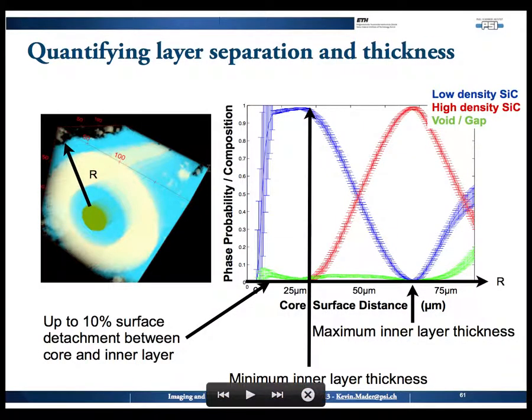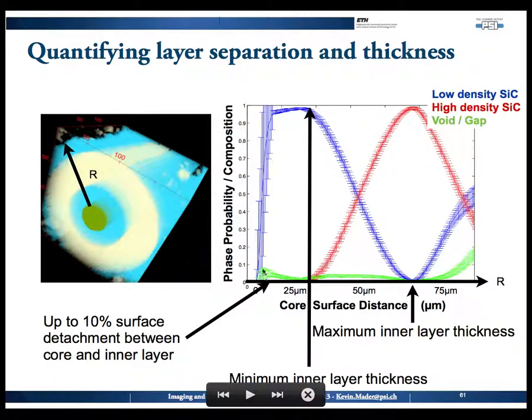And so what you can do is use this 2-point correlation function, where you say your object of type A is the core, and your object of type B is this blue material. Then you can calculate the probability of having blue material as a function of how far away you are from the core.